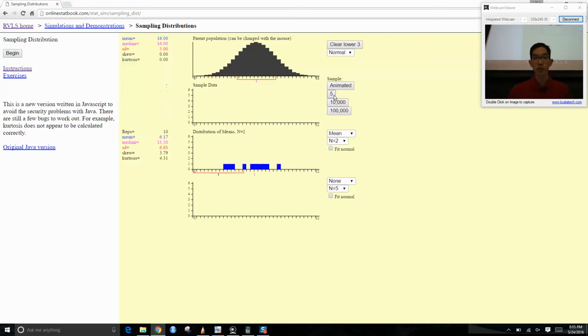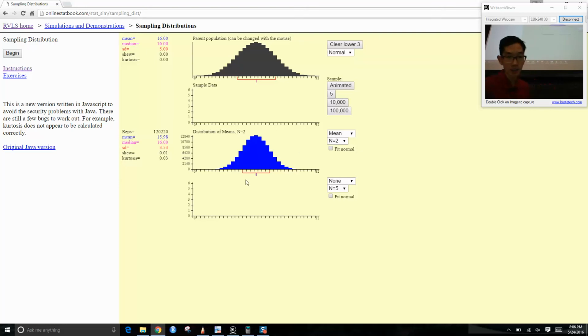Okay, so this is just doing 5 more. Here's another 5. Okay, so we're just going to take 5 at a time. And we can see some of these values are more common than others. Here's after 10,000, 20,000.